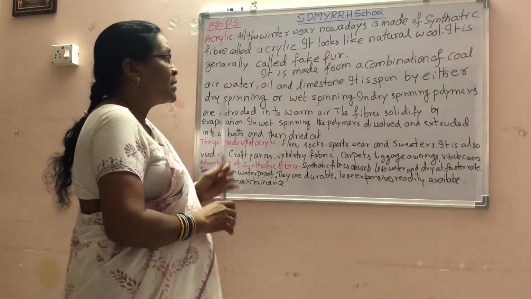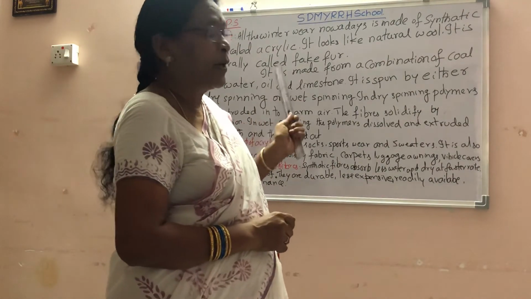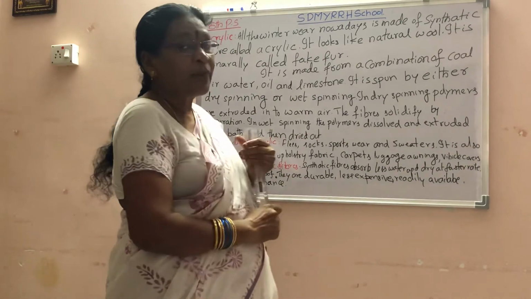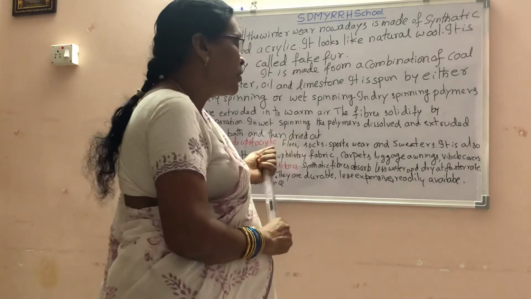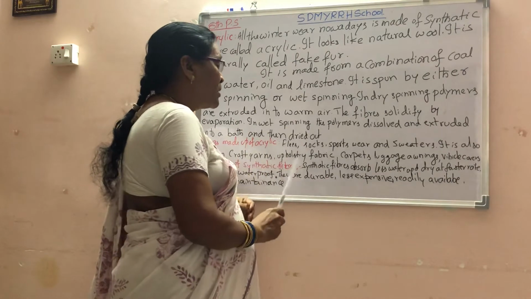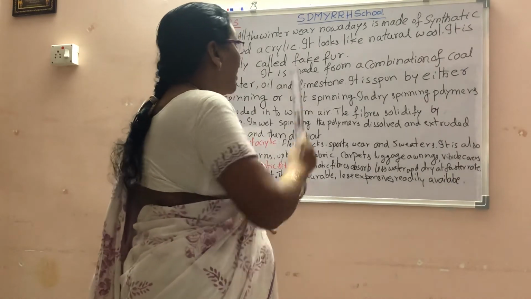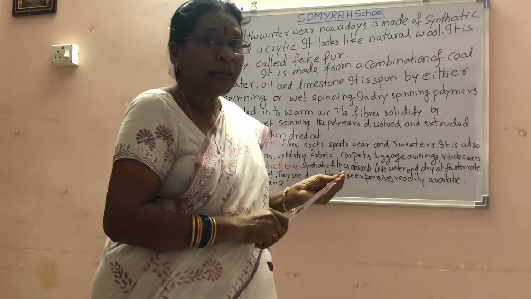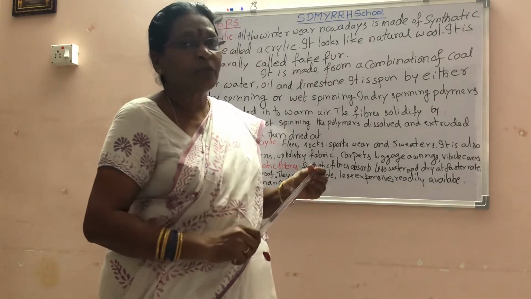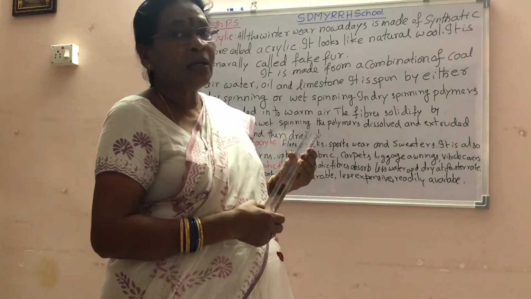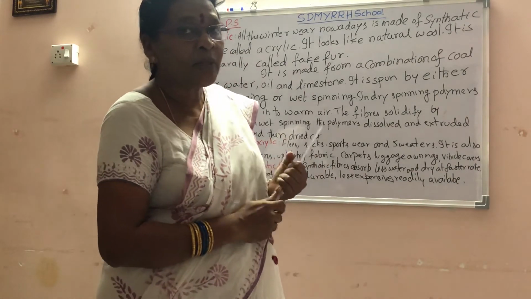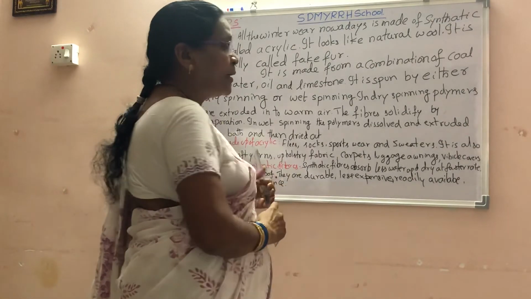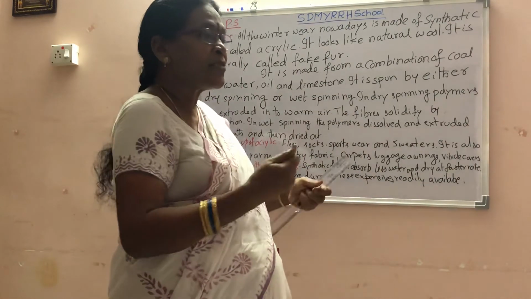This is a synthetic fiber. Next, uses or advantages of synthetic fibers. Synthetic fibers means acrylic, polyester, rayon, all these. Commonly, I am discussing the uses of synthetic fibers. Synthetic fibers absorb less water.